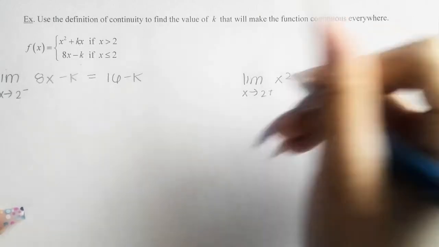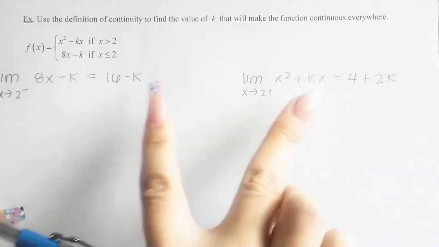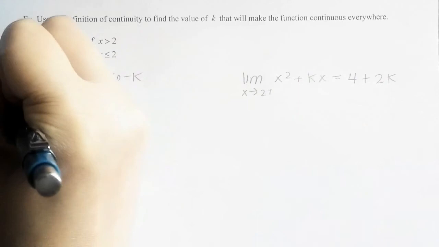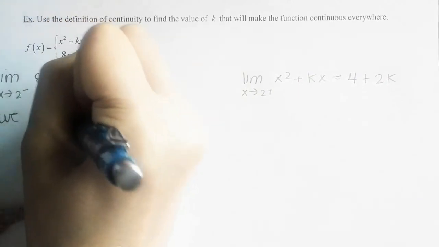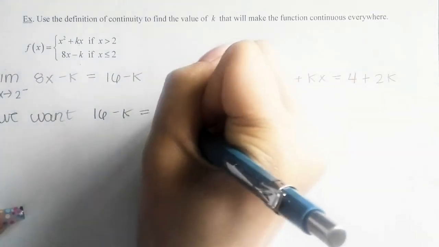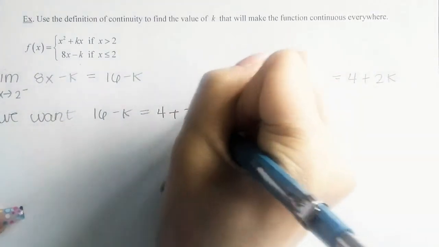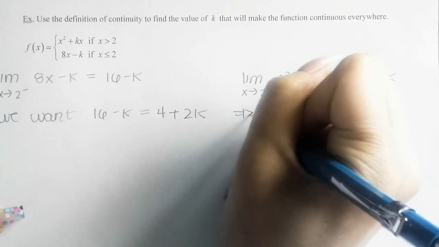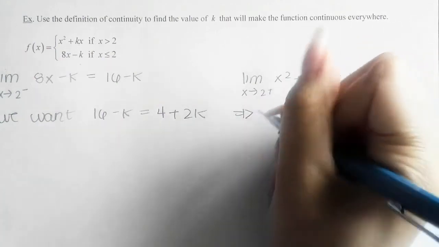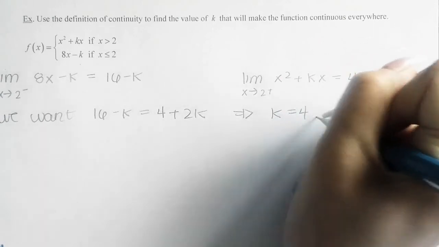What do you want? You want them to be equal. So we want 16 minus k to be equal to 4 plus 2k. Solve that, piece of cake. So you solve this, and what happens? You have that k is equal to 4.